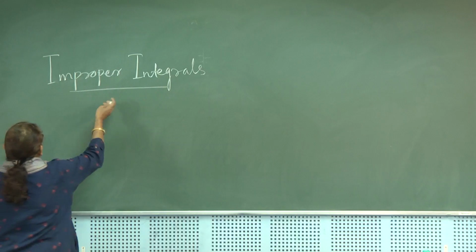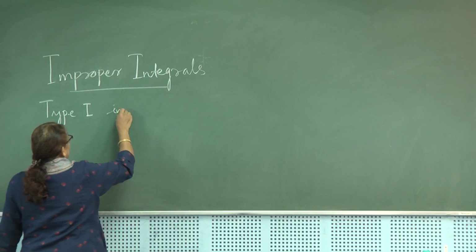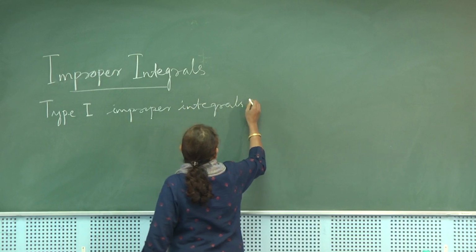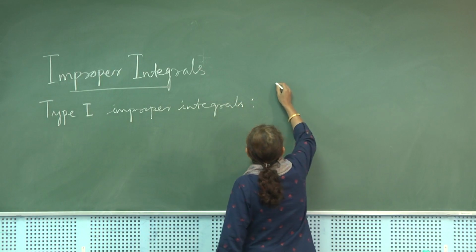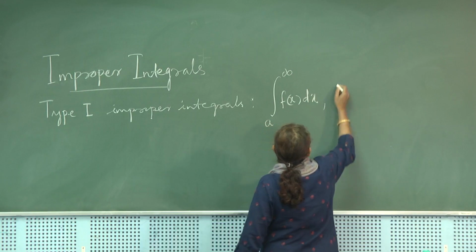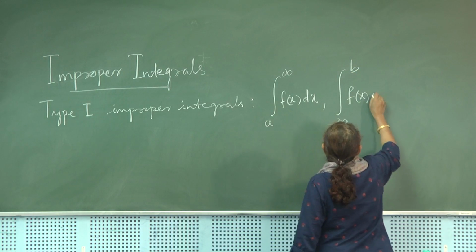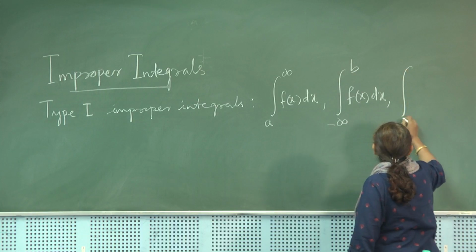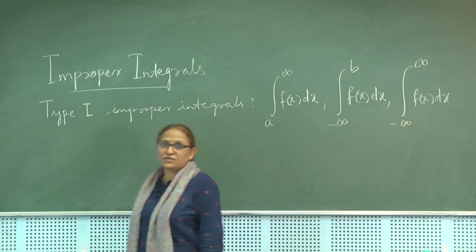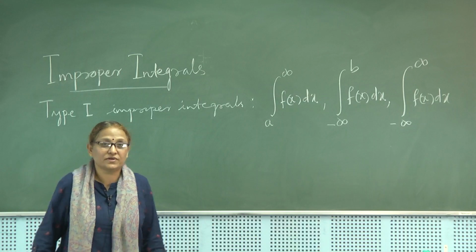Type 1 improper integrals, just recall, are of the form integral a to infinity f x dx, integral minus infinity to b f x dx, and that may be of the form minus infinity to infinity f x dx, where this function f should be bounded on the given interval of these limits.